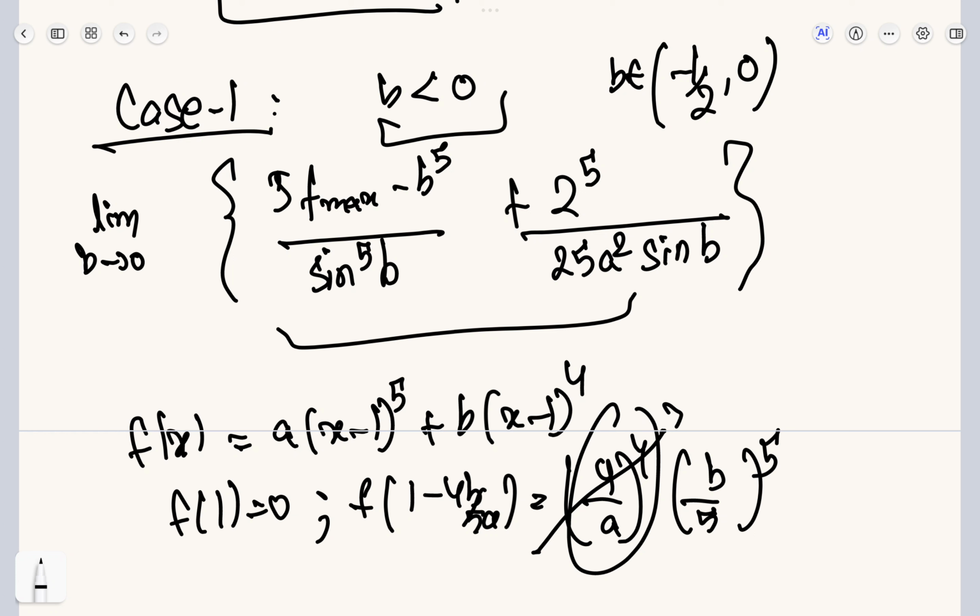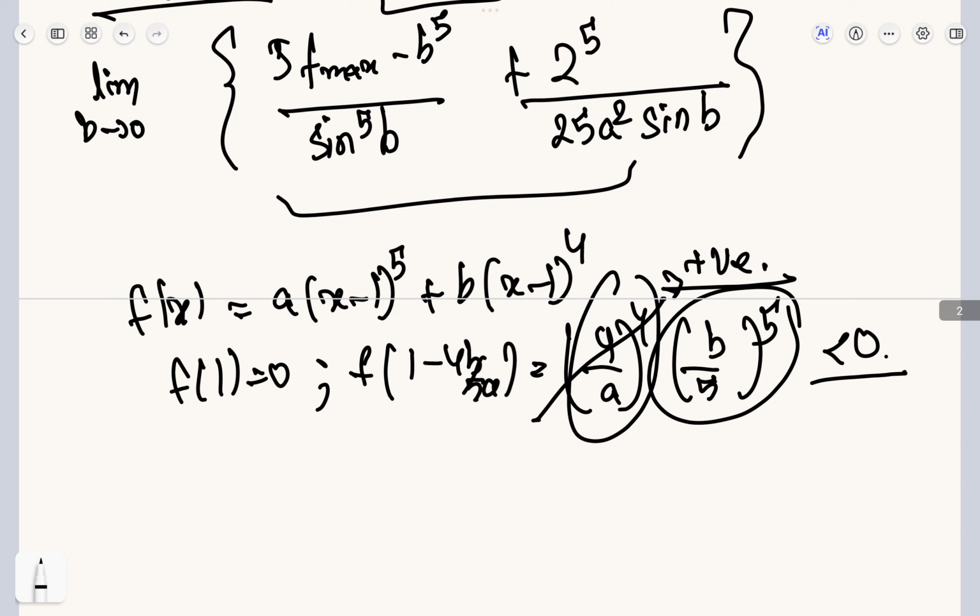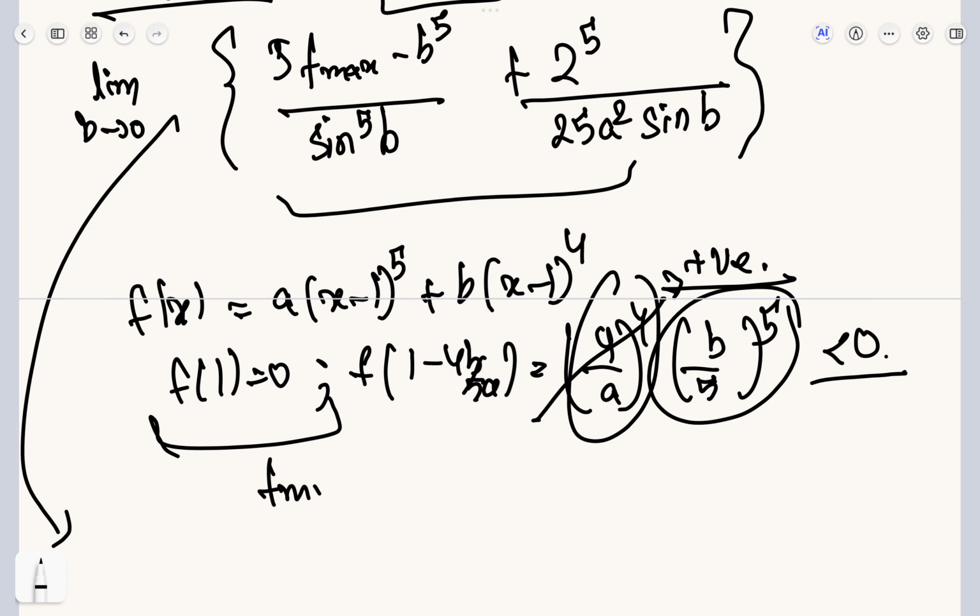Now this is a positive quantity, and this is a negative quantity, so this would be less than 0. So I can say that the other critical point gives me a minimum value and this is the maximum value. So f max is equal to 0 in this case.